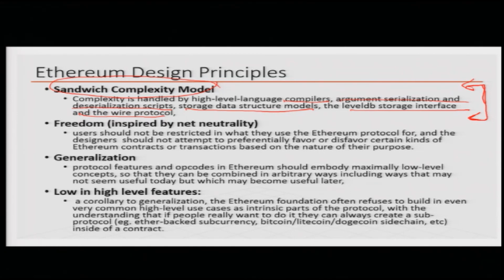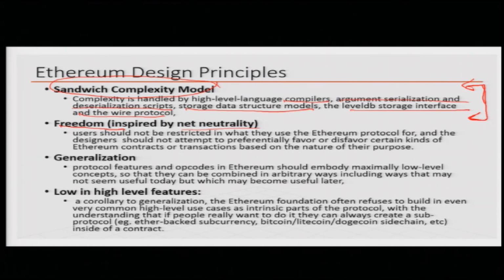There is another idea, of freedom or net neutrality. In Bitcoin, the design is biased towards Bitcoin transactions. We talked about how you can use Bitcoin to store or timestamp some data permanently, but usually those uses are not favored.